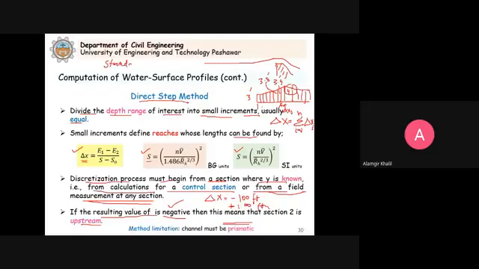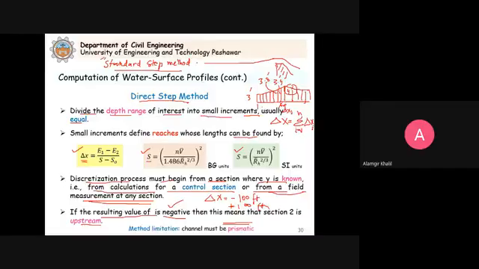And this standard step method is applicable to prismatic as well as non-prismatic channels, natural streams and rivers. This is the method that is implemented in HEC-RAS, the Hydrologic Engineering Center River Analysis System, which we use to analyze river flows.